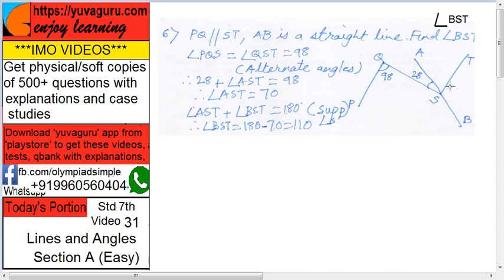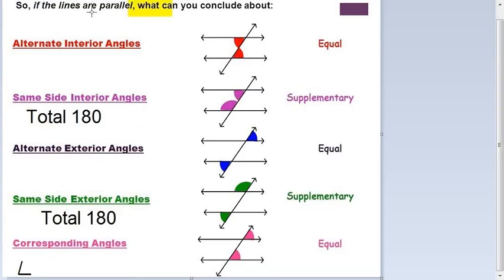So BST becomes 110. See here, this slide is very important for you guys. It is useful for you throughout your life, because you will face these angles even in other competitive exams. So remember these things: alternate interior angles are Z shaped, same side interior angles total 180 degrees. Alternate exterior angles also form a Z shape but on the opposite side.